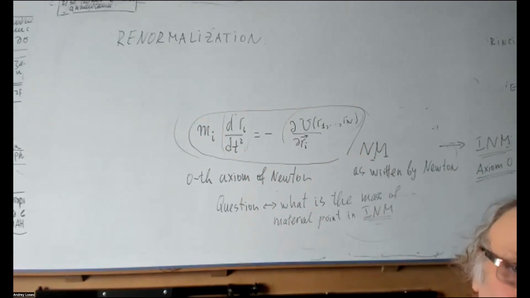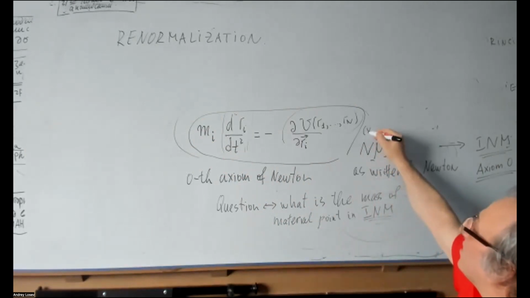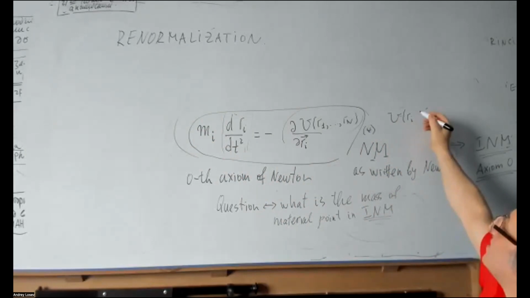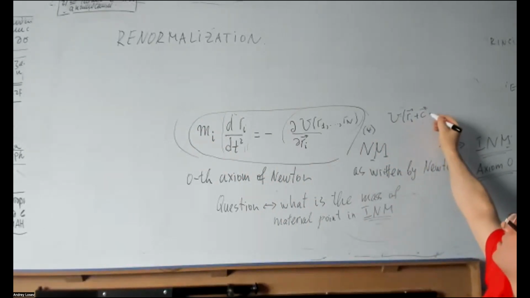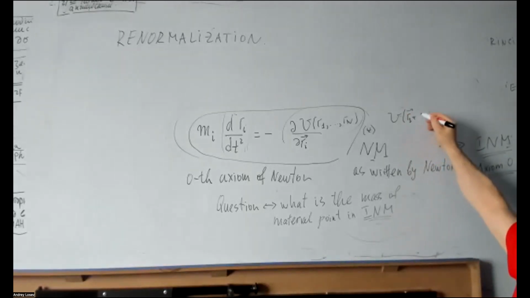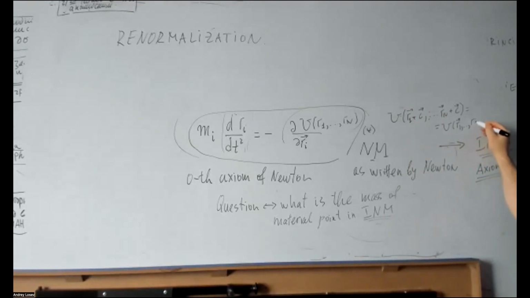Only one equation of improved Newtonian mechanics. Not three laws, only one equation. Together with the statement that U of R1 plus C, ..., Rm plus C equals U of R1, ..., Rm.